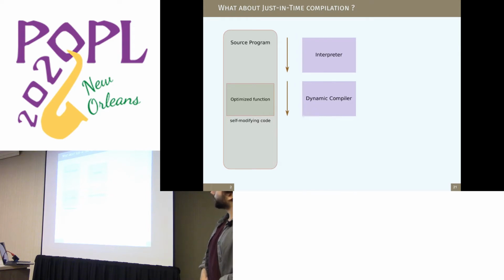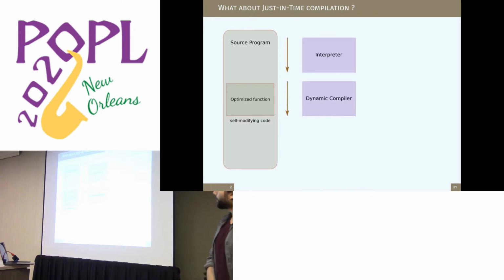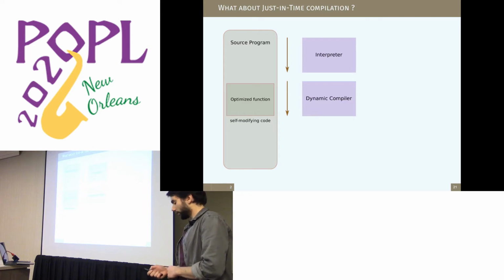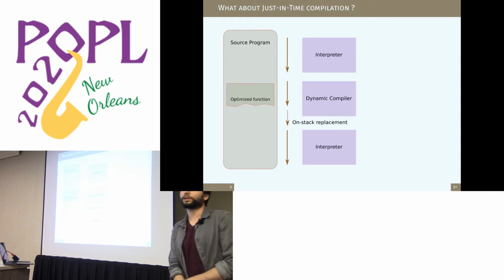And so the execution is already a bit different than in the static case, because you already have both interpretation and execution of optimized code. And then some modern JIT compilers, on top of that, decide suddenly in the middle of the execution of an optimized function to perform what we call on-stack replacement and go back to the interpreter and to interpreting source code.